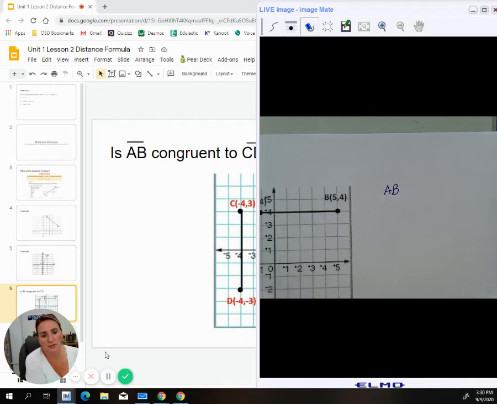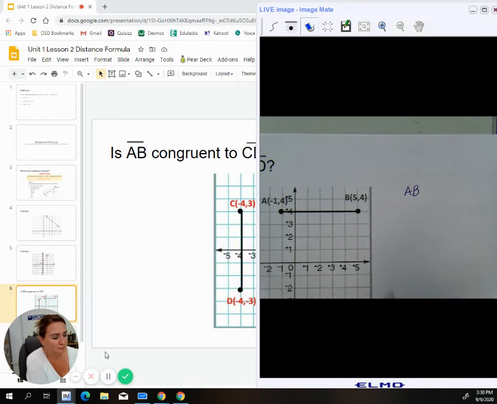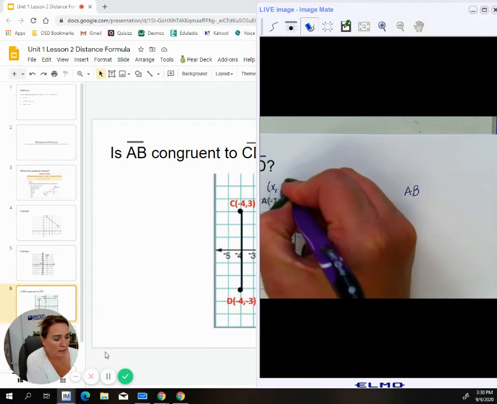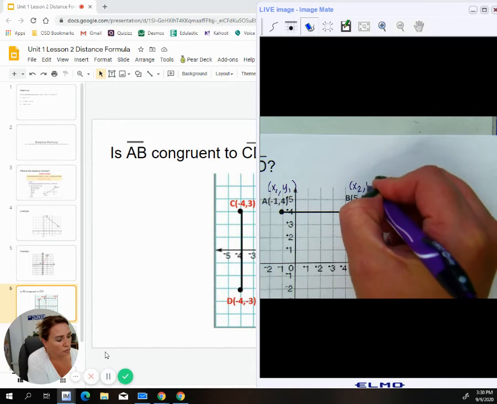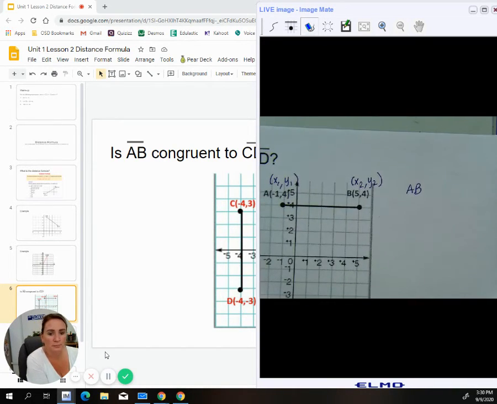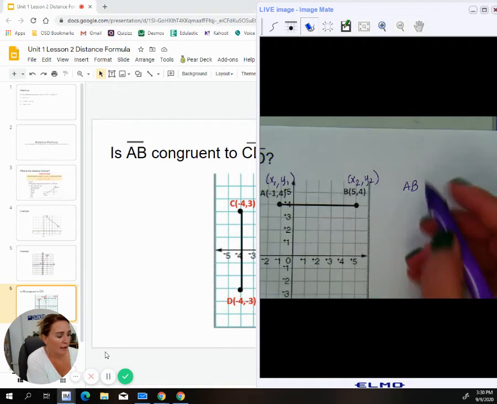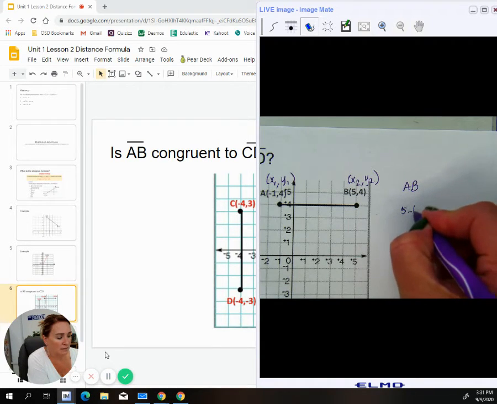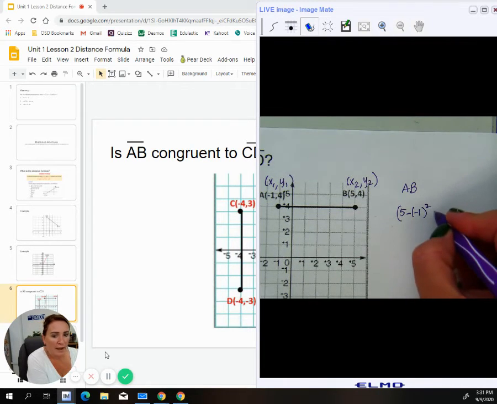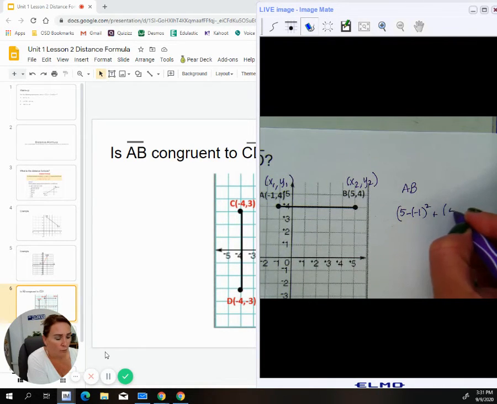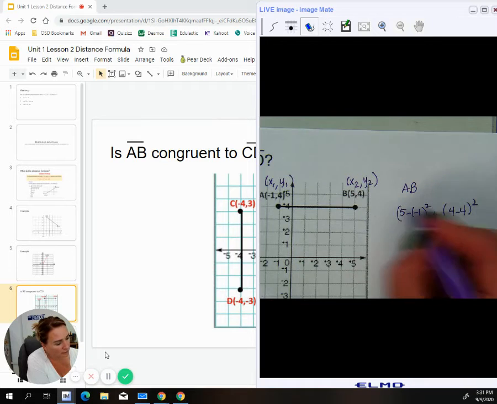I'm going to do AB first just because it's alphabetically there. I'm going to call this one x1 and y1. I'm going to call this x2 and y2. So that tells me I have 5 minus -1 squared, and I'm adding that to 4 minus 4 squared.